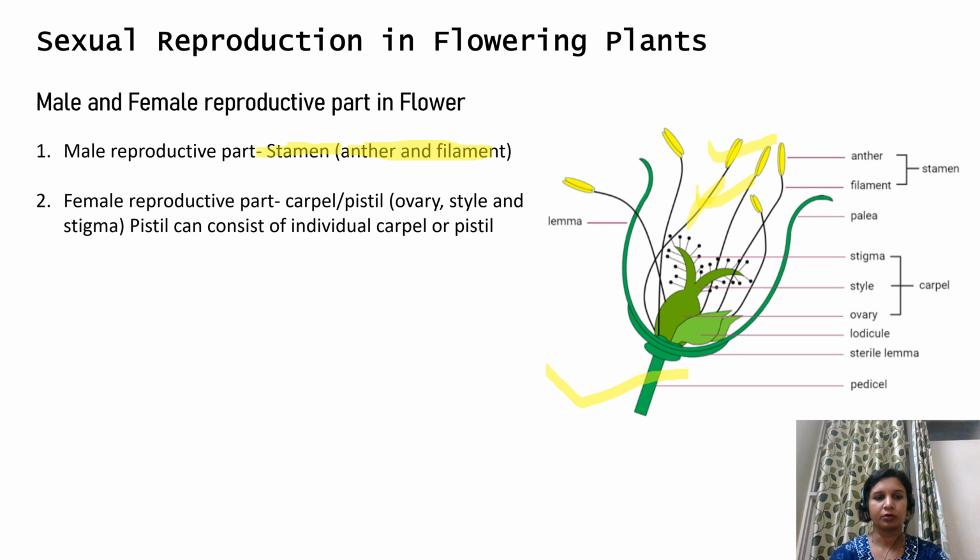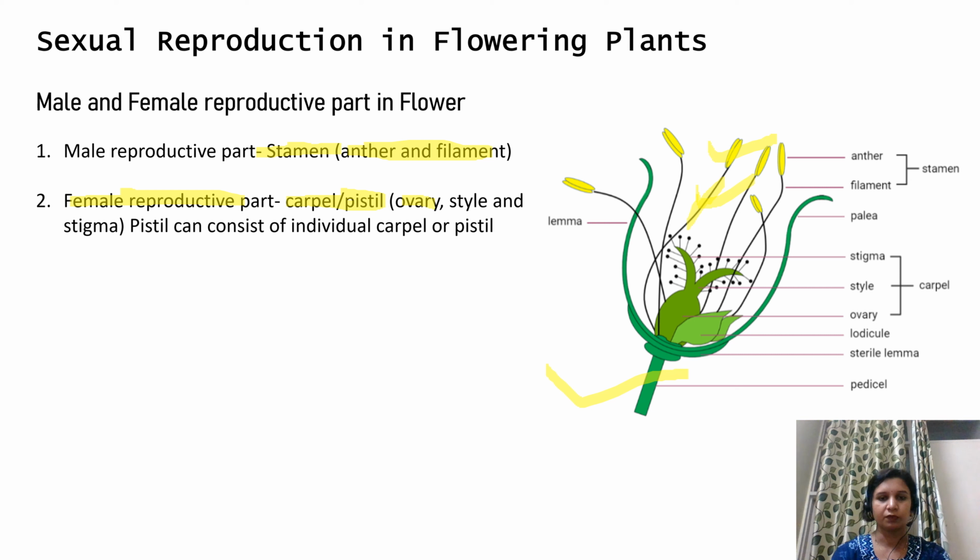And now we'll see the female reproductive part. First we'll see what we call the female reproductive part. We call it a carpel or pistil. Here we don't have to confuse carpel and pistil. They are similar things. The pistil is a collective term. It can be used for a single carpel as well as for multiple carpels together. In the picture we'll see what this female reproductive part consists of.